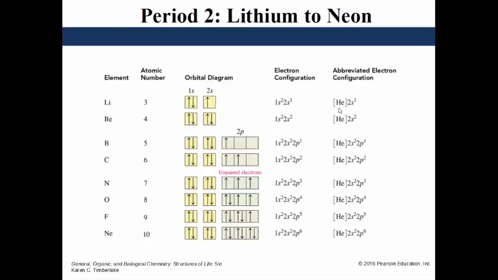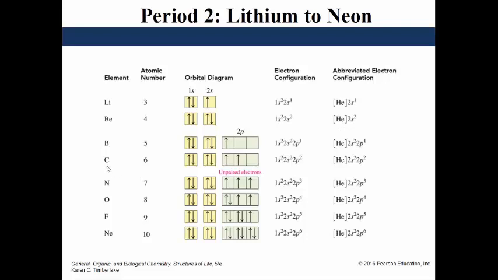So you could also write this as 1s2 and then the rest. Instead of writing all of that, you just write helium in brackets. So that's a shorthand way to write 1s2. That's why it appears in all of these. So it's not mandatory you write it that way, but it's an abbreviated form to write the electron configuration.